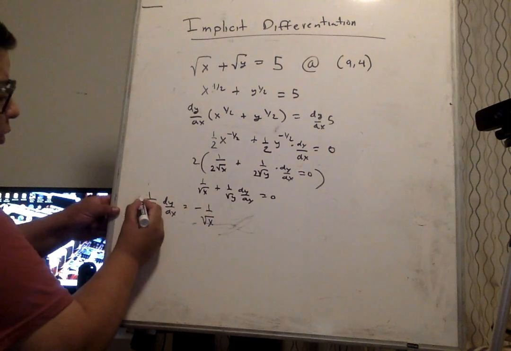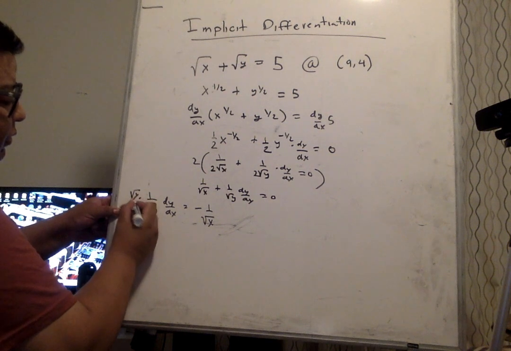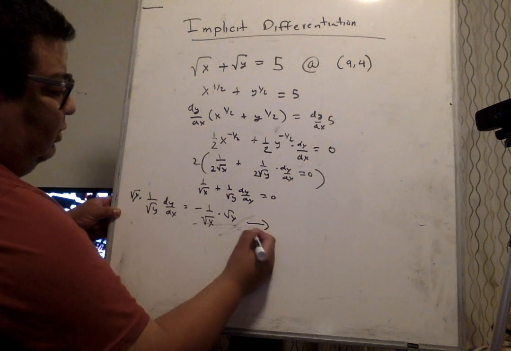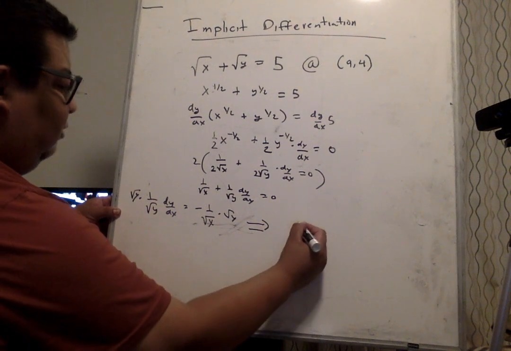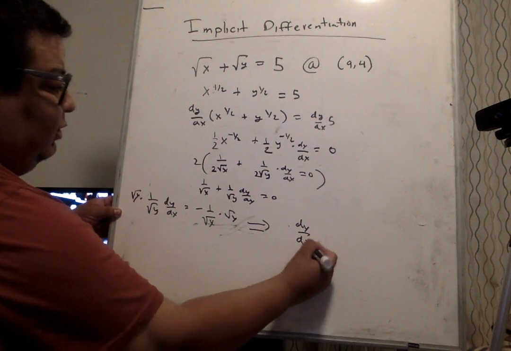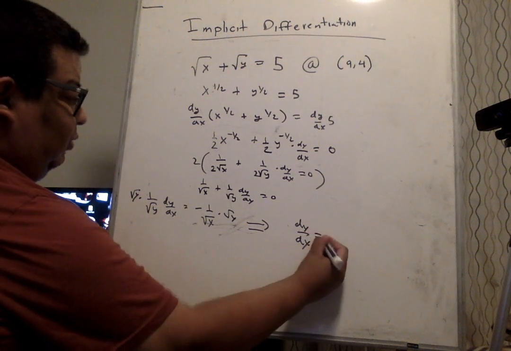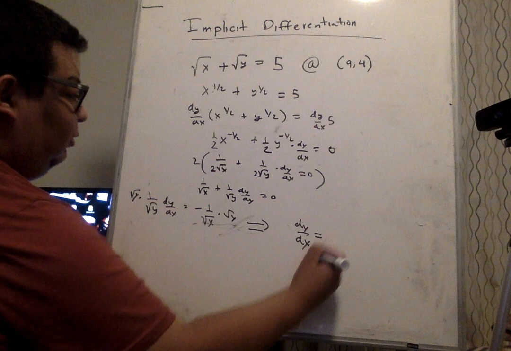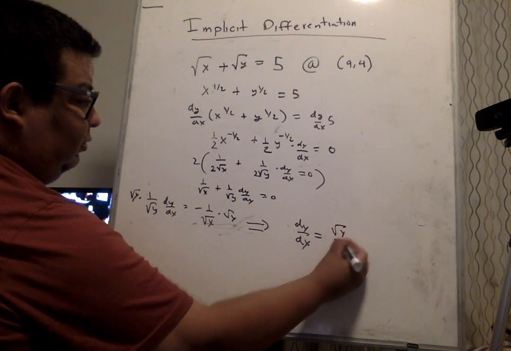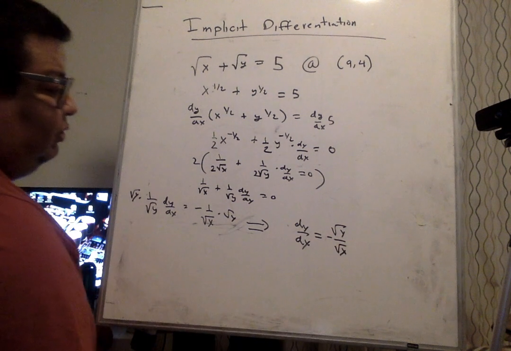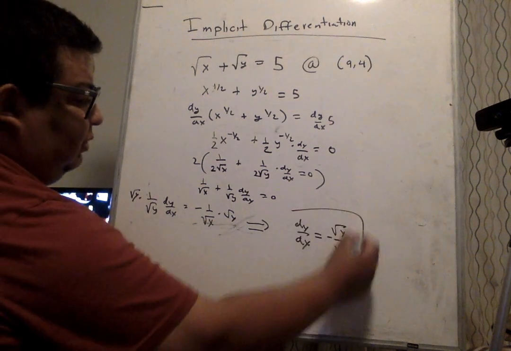Now we multiply times square root of y, so this is equal to dy/dx equals minus square root of y over square root of x. So this is the first step. We find the slope.